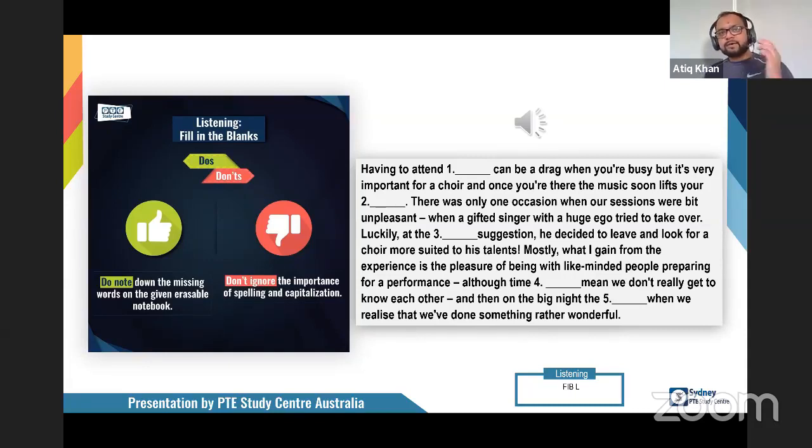So we don't want to do that. What we want to do is keep our eyes fixed on the screen, follow the transcript and match it with the speaker, and as and when you get that blank, just write down the word without looking into your exercise copy, without taking your eyes off the screen. What you must not do is ignore the importance of spelling and capitalization. It's very important that you pay attention to the spelling.